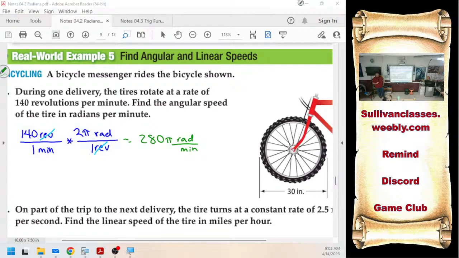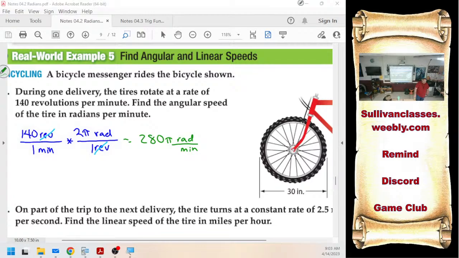That's a different conversion factor. 1 revolution is 2 pi radians. 1 revolution is also 360 degrees. If you know 2 pi radians is 360 degrees, that's another conversion factor you can use. Just like, how many of you actually know off the top of your head how many yards are in a mile?